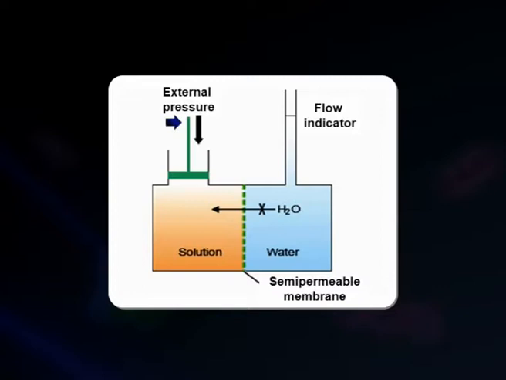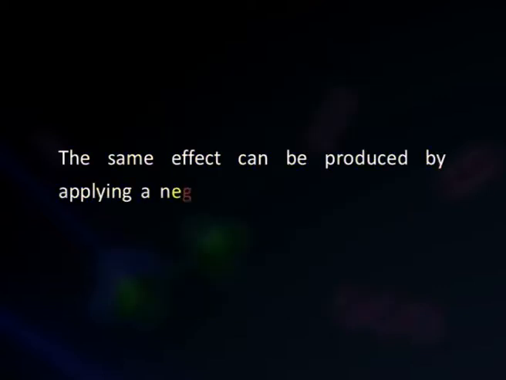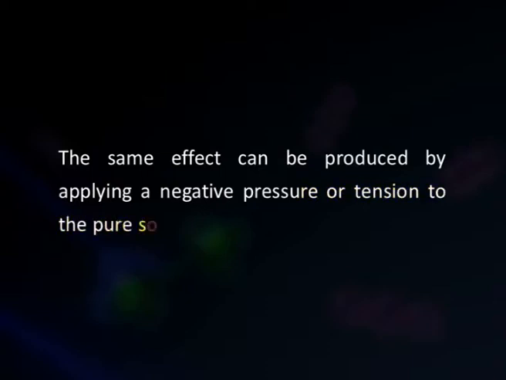To stop this osmosis, an external pressure can be applied, and at the situation when the osmosis stops because of this external pressure, osmotic equilibrium has been attained. Hence, the external pressure which is applied to the solution side to stop osmosis is defined as osmotic pressure. The same effect can also be produced by applying negative pressure towards the pure solvent side.